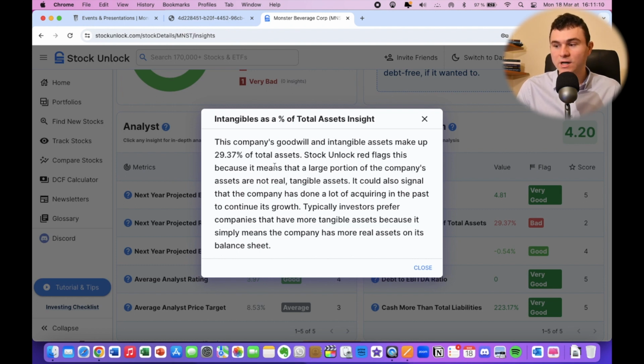So, relatively speaking, the goodwill is a big part of your total assets, and that may be a bad sign. We will have to dig deeper into this. Again, that's another question that is raised.